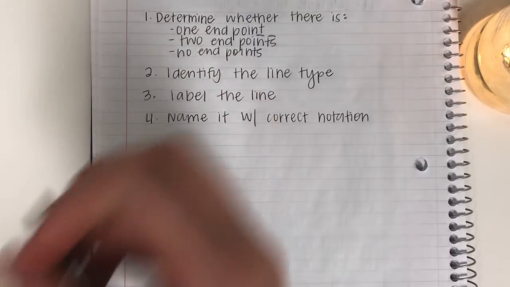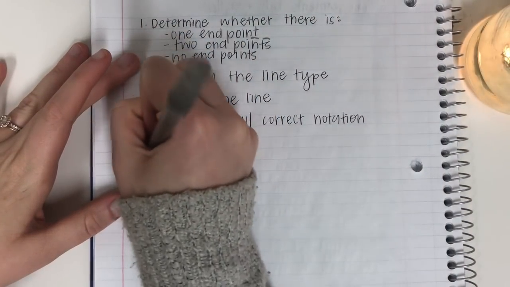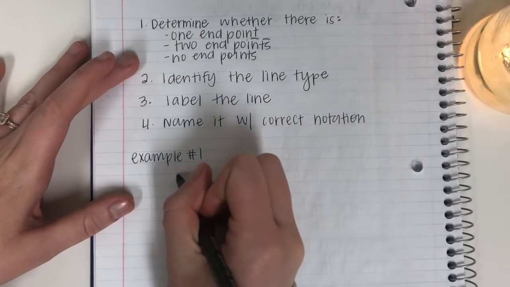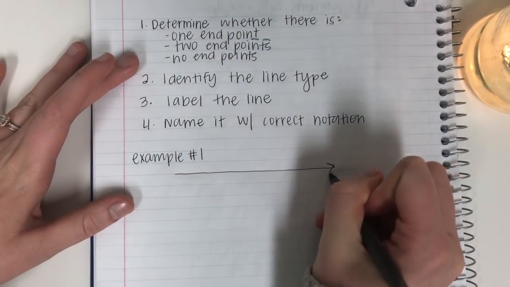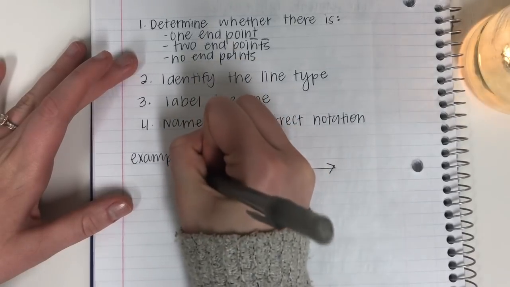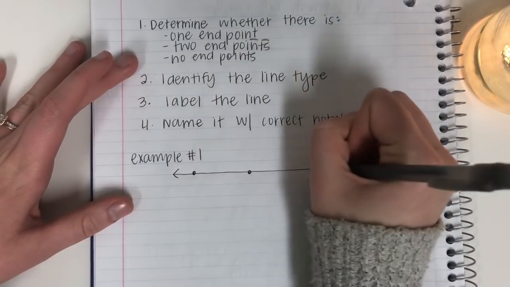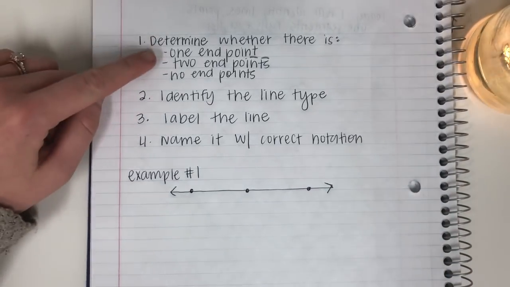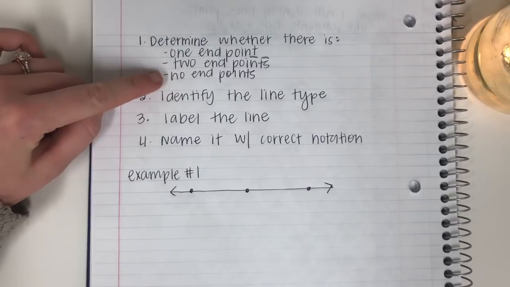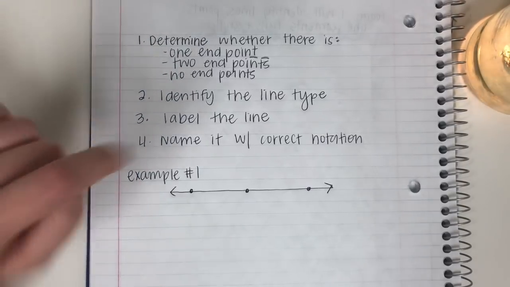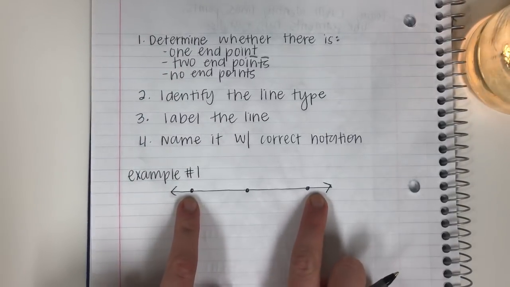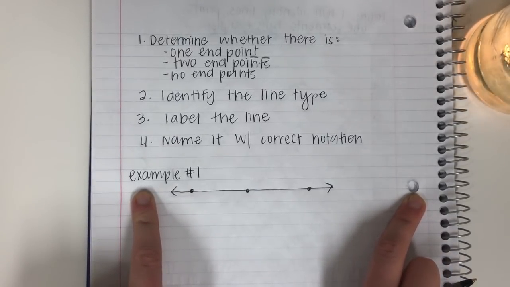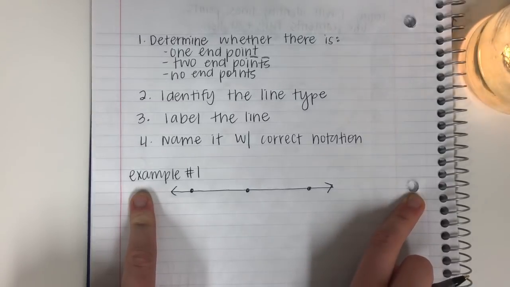So, example 1. We have this. First thing I have to do is determine whether there is one endpoint, two endpoints, or no endpoints. From this picture, there are no endpoints because this can go on forever and this can go on forever. So that tells me that it is a line just in general.